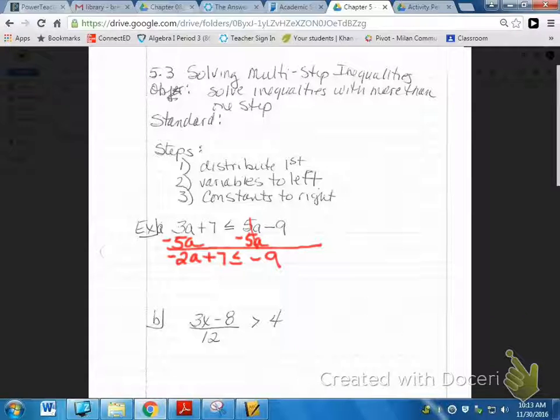Now what? You would subtract 7 from each side. You would bring down negative 2a, less than or equal to. You would subtract 7 from negative 9, which is negative 16. And then you divide each side by negative 2.